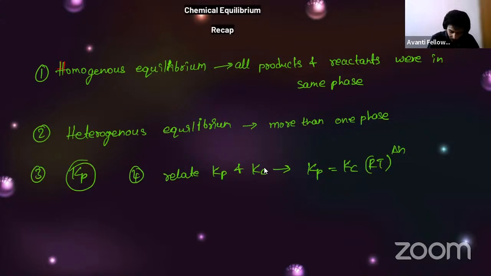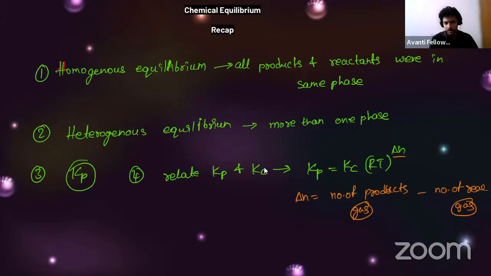If you remember, delta n was the number of moles of products in gas phase minus the number of moles of reactants in gas phase. Simple.